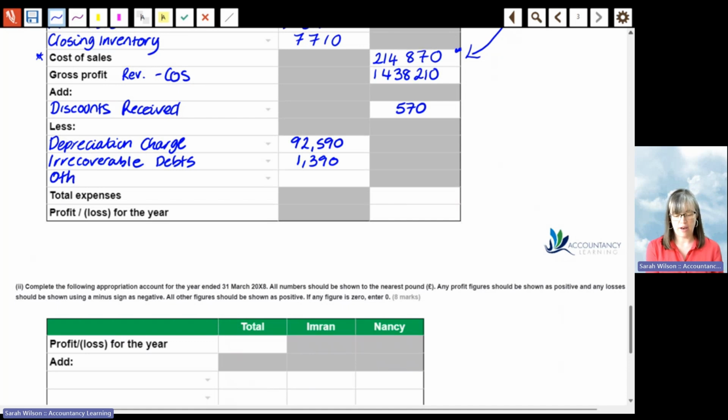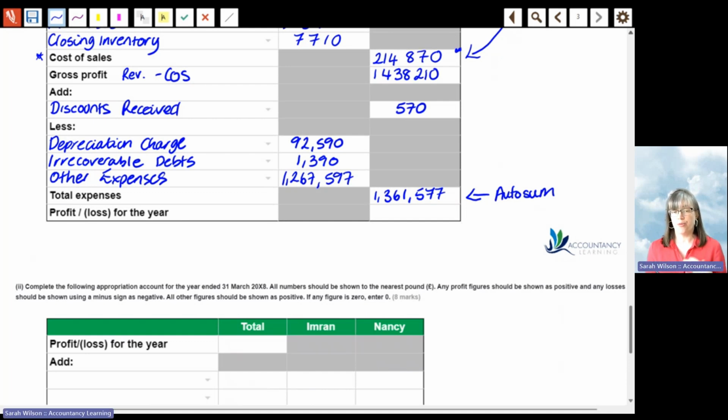And then we also have that other expenses, which is 1,267,597. Now, in the exam, this box here is going to auto sum. So once you've finished, you should have 1,361,577. So that would auto calculate as you type in the rest of the numbers.